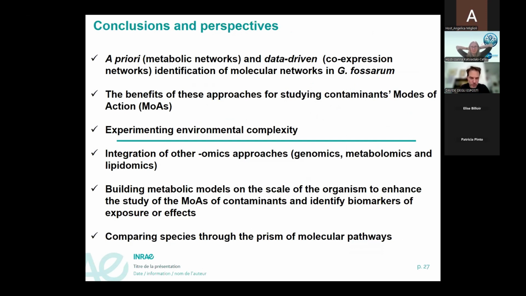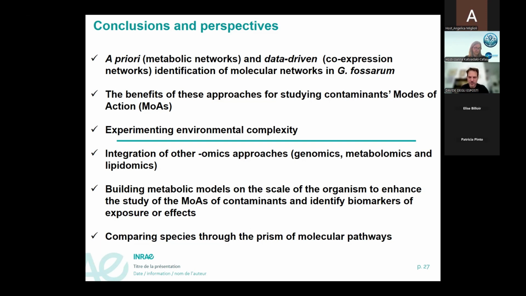So to summarize, I showed you that we can use a priori and data-driven systems approaches to identify molecular networks in a non-model species. And we can use this to investigate contaminants' mode of action and to experiment with environmental complexity.